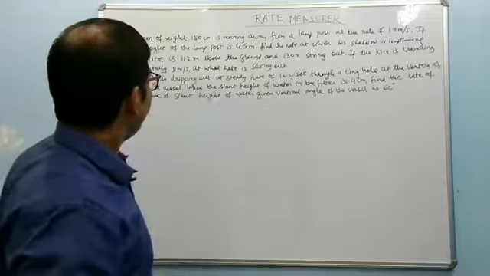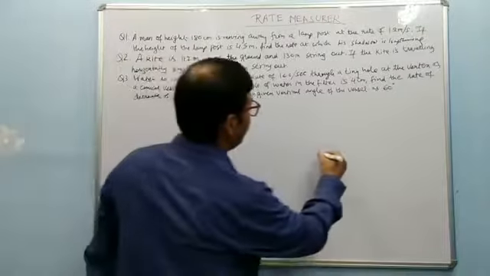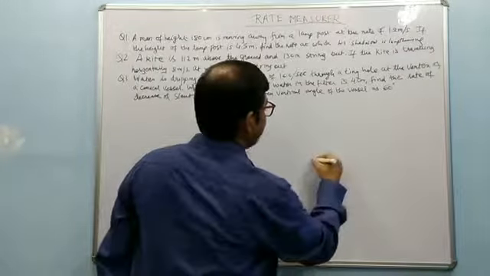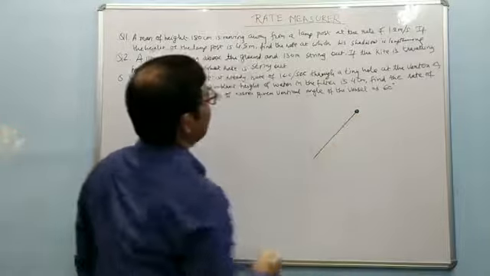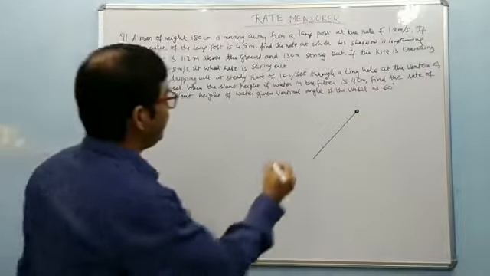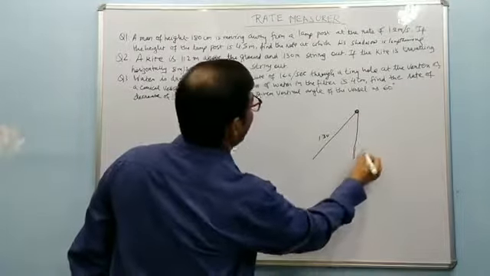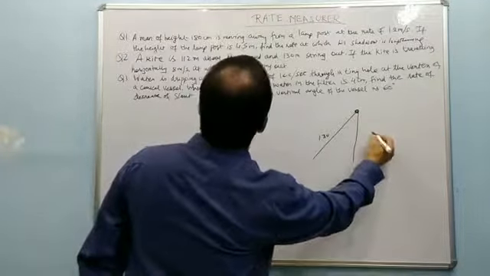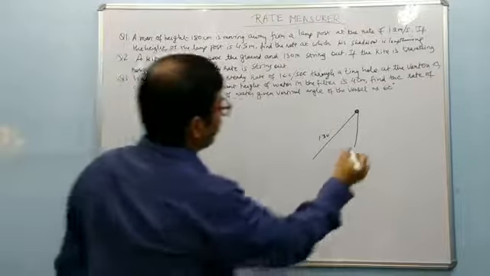A kite is 112 meter above the ground and 130 meter string is out. See here, kite is like this. This is the length of the string which is given here, 130 meter, and this is the height of the kite above the ground. It is given as 112 meter above the ground.